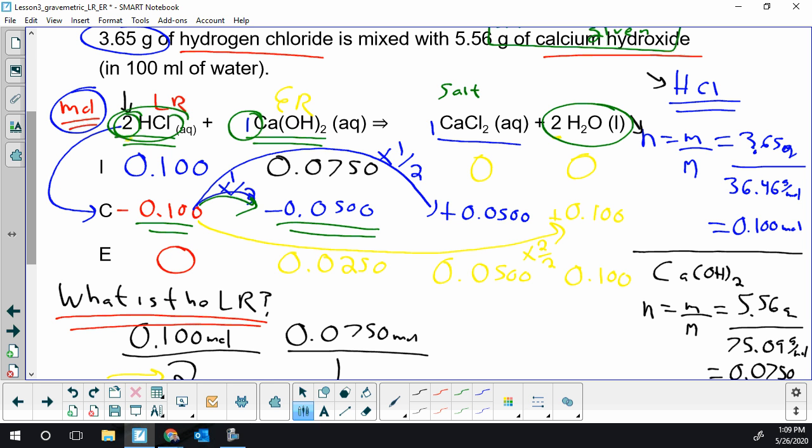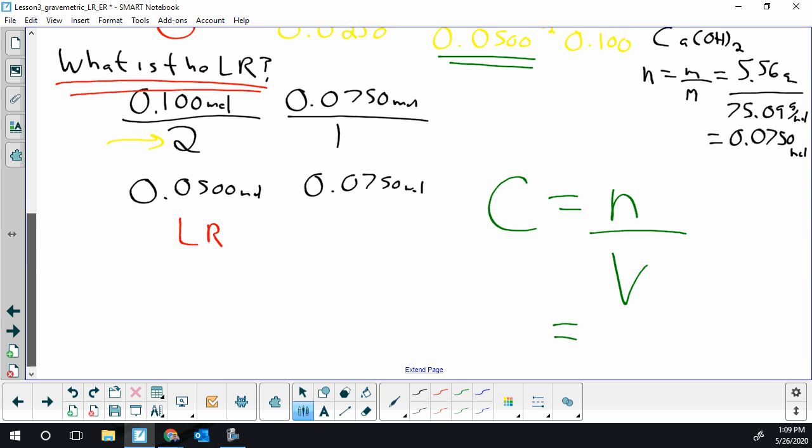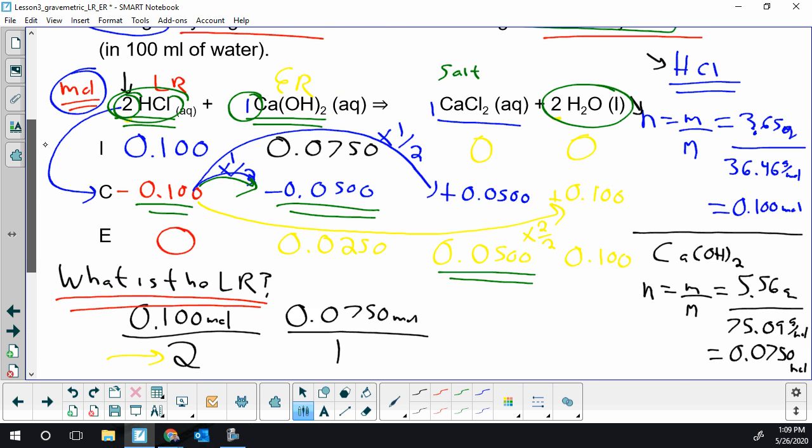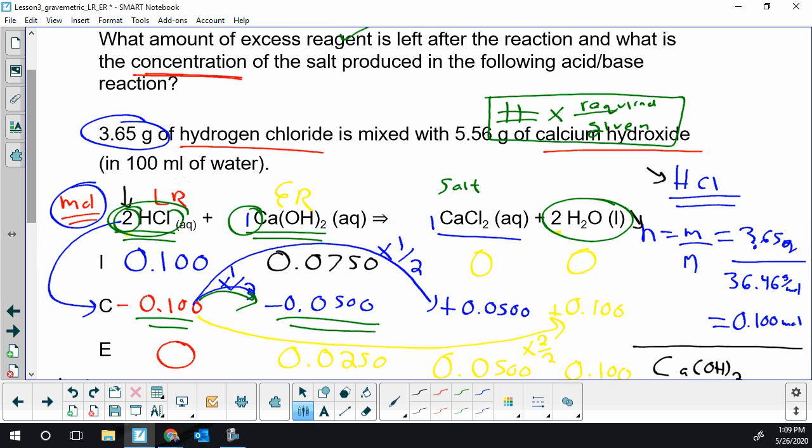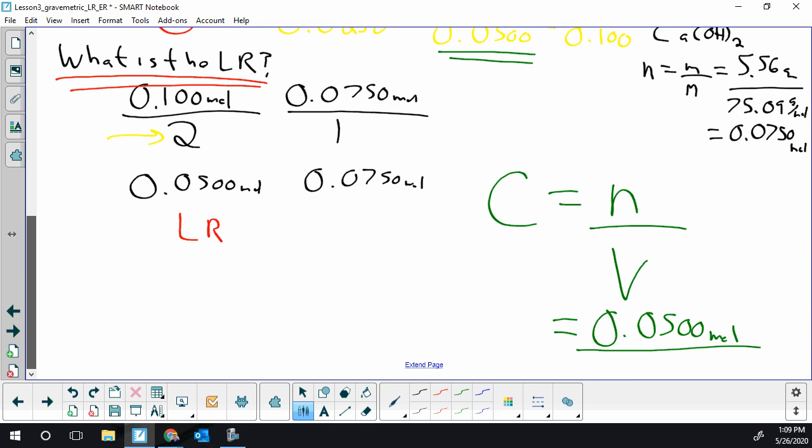So we have 0.500 moles of our salt, of our calcium chloride, and we have to divide by the volume, and it has to be in liters. That's how we express amount concentration. I didn't say that fully in the question to do amount concentration, but that's the typical scientific way. 100 mL of water, so I have to convert that to liters.